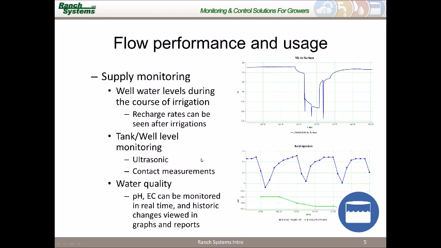So if you see anything here that may trigger an idea, it's a good idea to write it down and see if it's something that we already do, but most of the time it's something that we can work with and make as a function of our system for you.